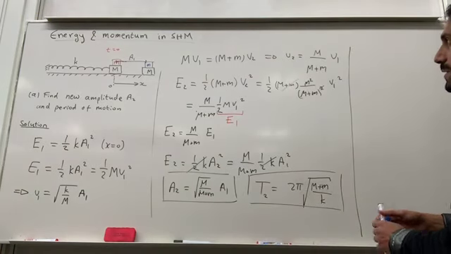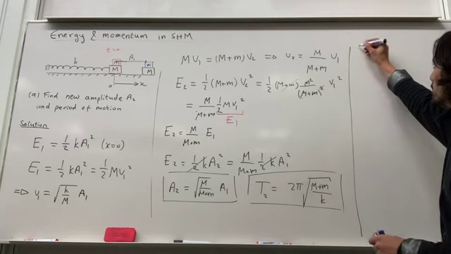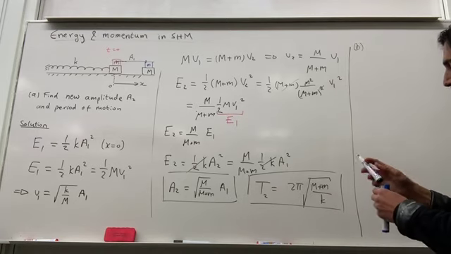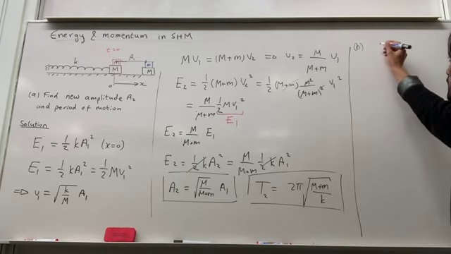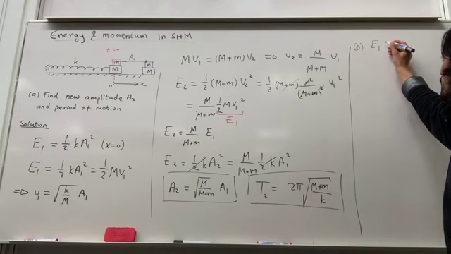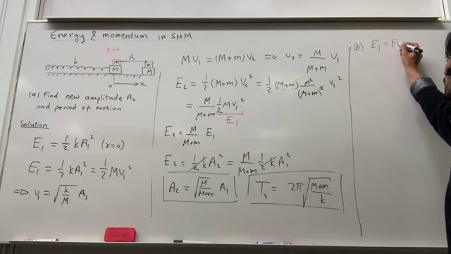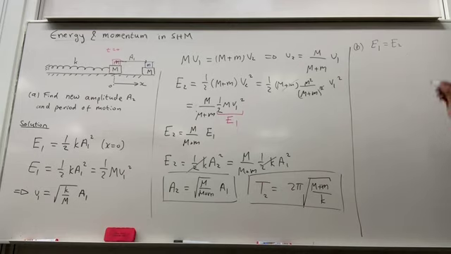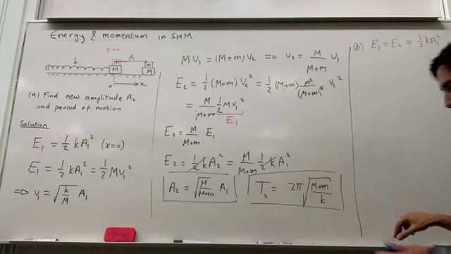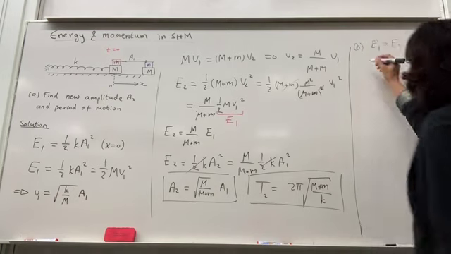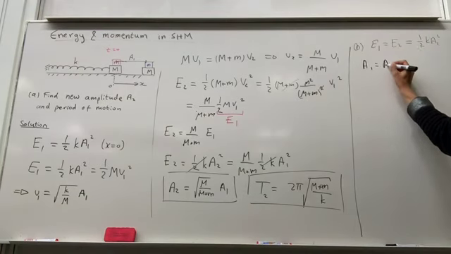Let's put this down here. Let's call this B. So now we have E1 has to be equal to E2, or E2 has to be equal to E1. And that is half k A1 squared. In other words, there is no change with the amplitude.